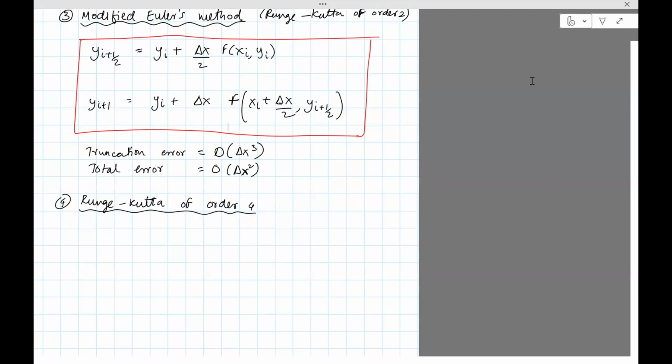So every time you call f, you need to do a lot of calculations, and you're worried about how many times you have to call f. The fewer times you call f, the better, because there are fewer computations. But if you want accuracy, you sometimes need more computations. So here we have 2 evaluations of f in the modified Euler, but Runge-Kutta uses 4 to give you a higher accuracy. So there's a trade-off.